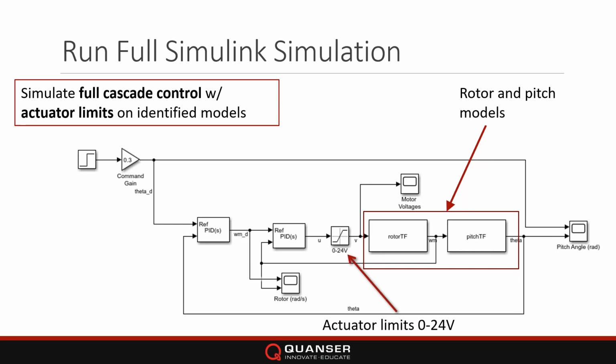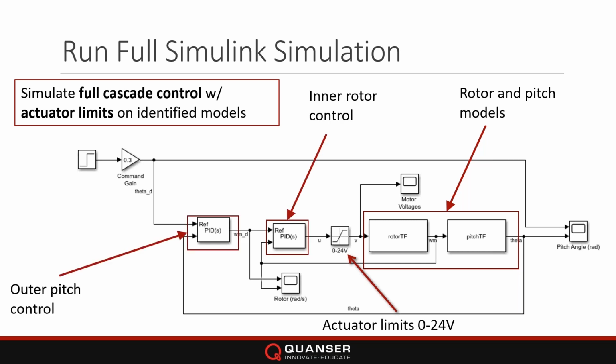We have the actuator limit, we have the inner rotor control that we designed, and we have the outer pitch control that we designed. And then we're applying a command that we want to actually apply, which is 0.3. So it's like 15, 20 degrees. That is our desired set point, right? So it's not 1 rad, it's 0.3 rads.